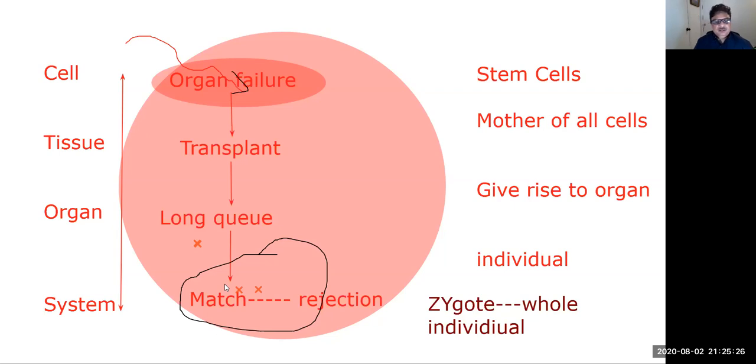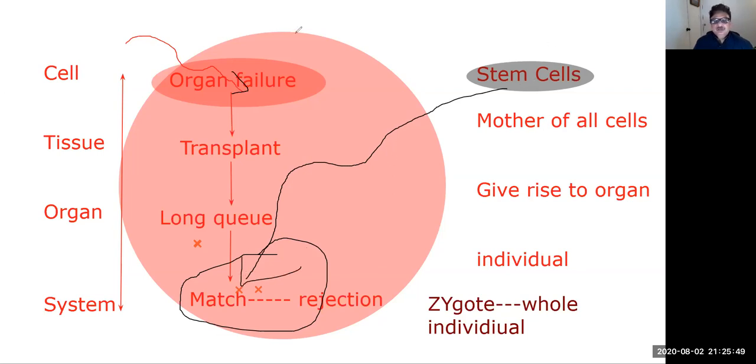So what scientists are trying to find is a potential cell that can be grown, and it can take the shape of the diseased organ.